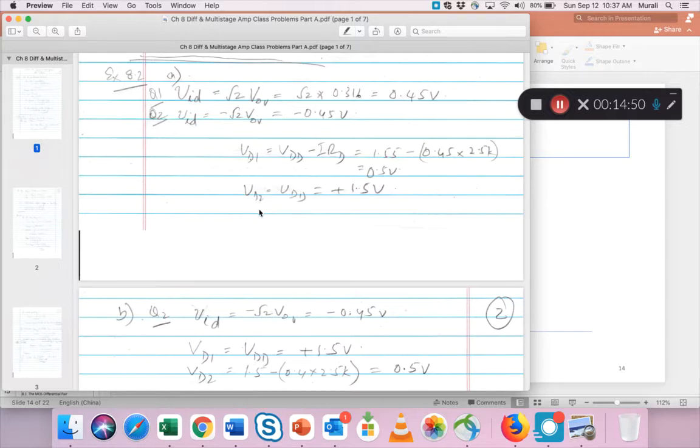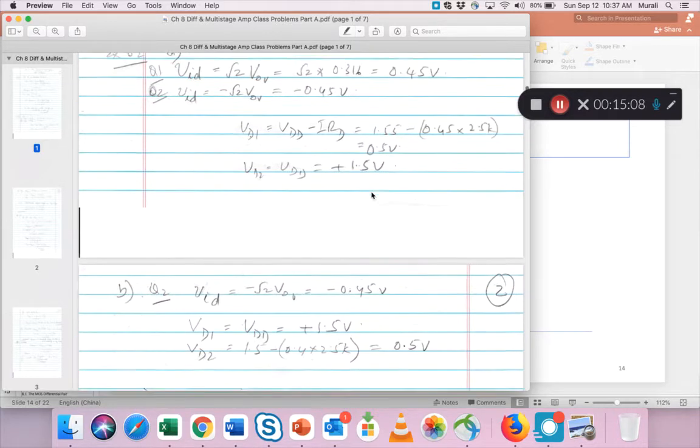The corresponding VD2 will be just VDD, because this device Q2 is off. So when Q2 is off, the whole VDD applies and comes out at the output.